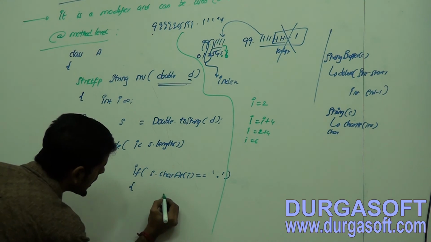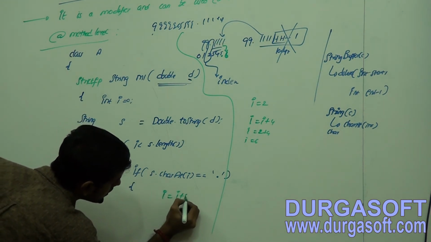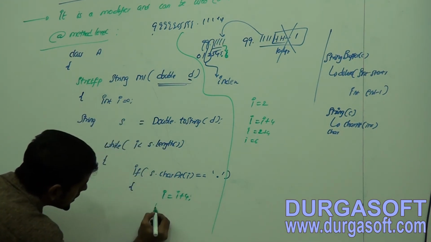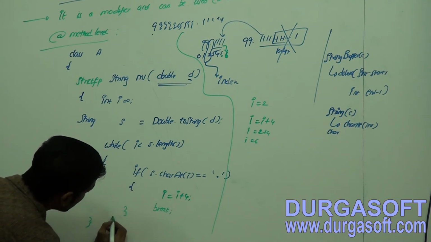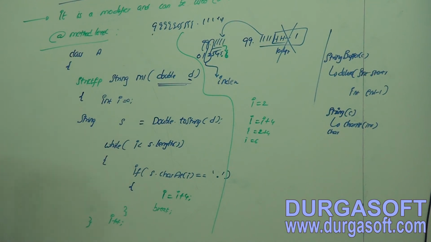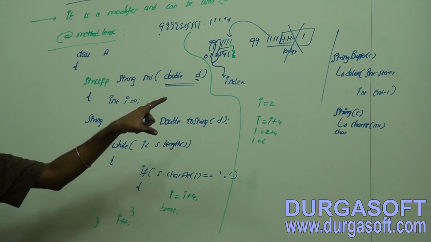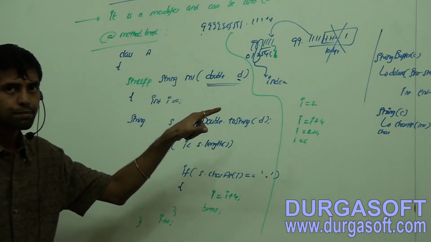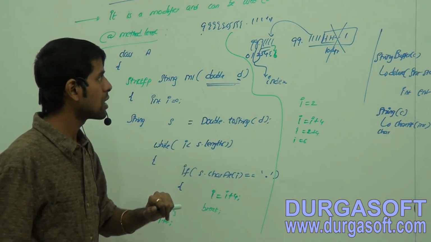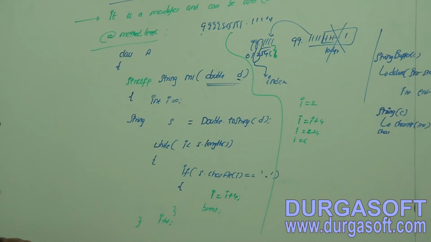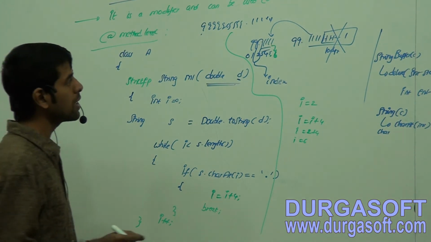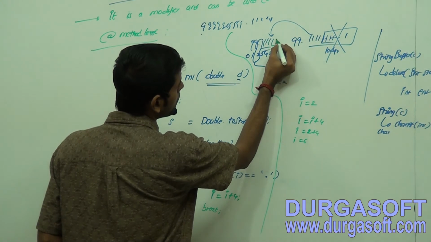Now let us do that. i equals i plus 4, then just break. I don't want to perform any more iterations here. Now what is the value of i? It is 6. We have to delete from the 5th fraction digit, right?